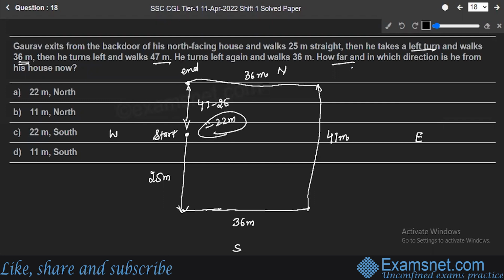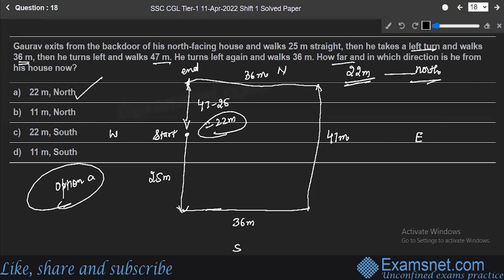So first of all, how far? It's 22 meters. And in which direction he is from his house? He is standing over here. So that means he is in the north direction from his house. Okay, so let's check the options. 22 meters north, it is option A. That is your correct answer.